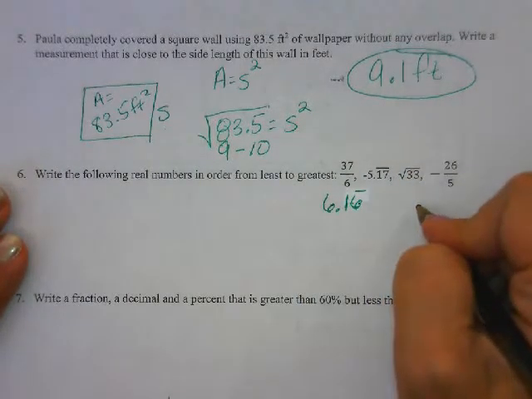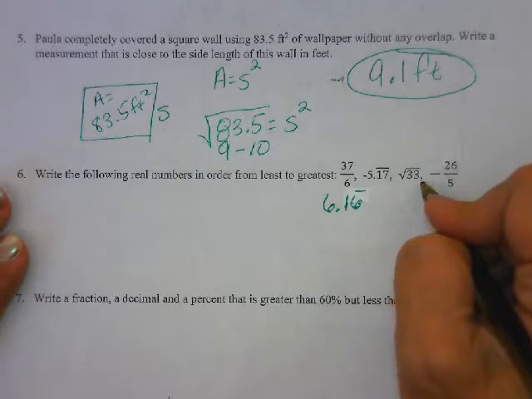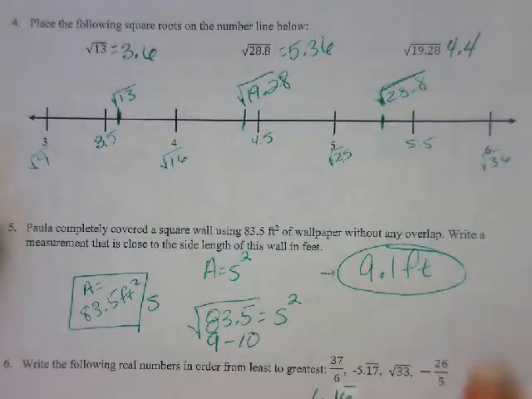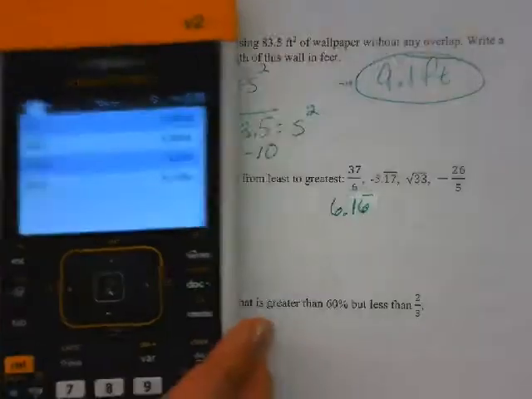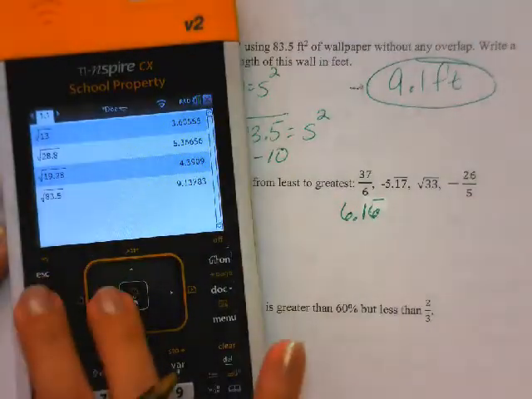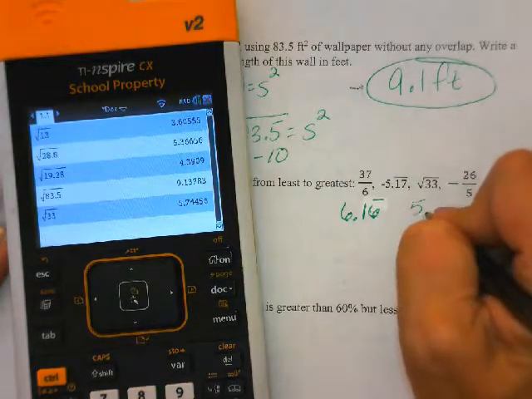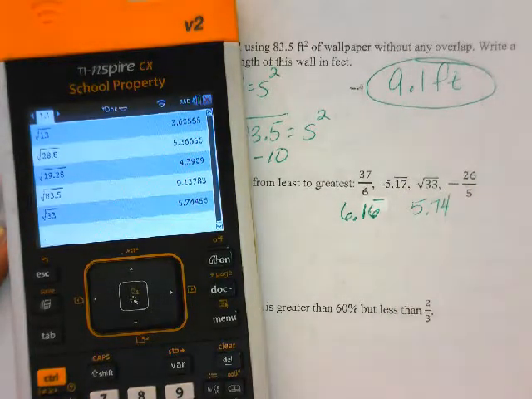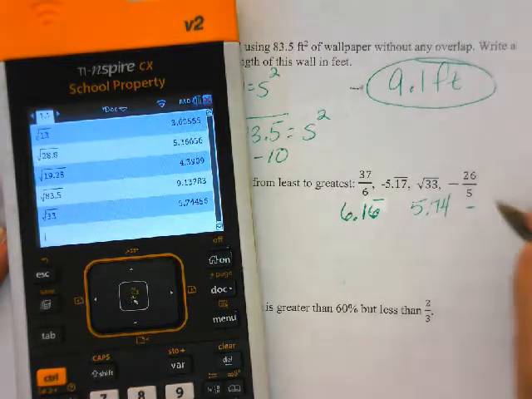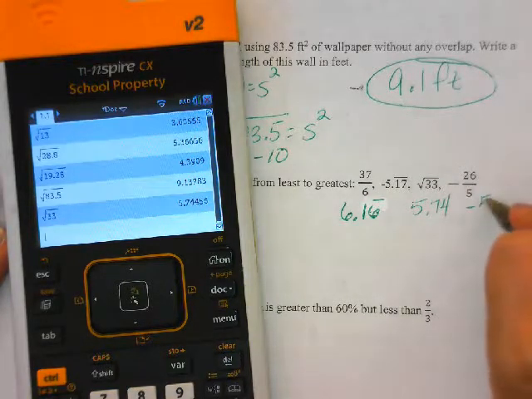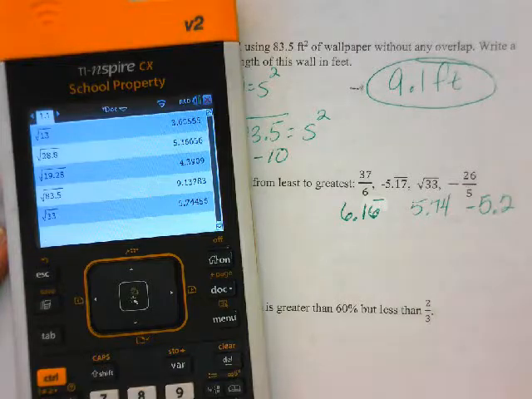Square root of 33, I know, is really close to 6 if I look up here, right? If I wanted to know exactly, I can say square root of 33, since we need to know an exact decimal, 5.74. And then this is a negative, 5 goes into 26 5 times with 1/5 left over, so 0.2.